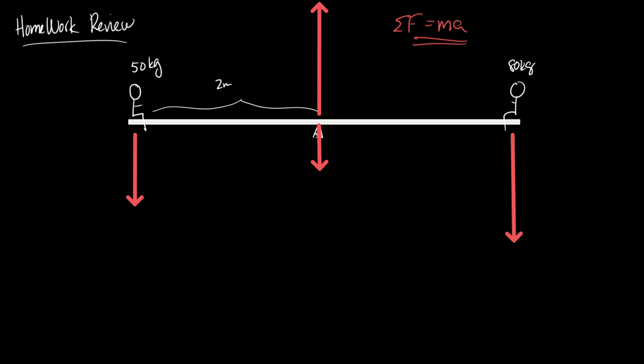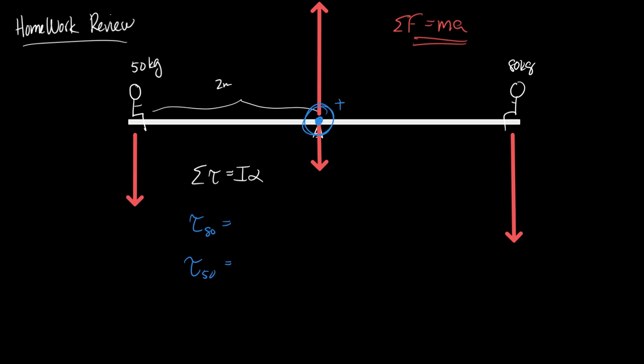Now, the actual torque problem here, since we have a fixed pivot point, net torque equals I alpha. So, what direction do you want to make positive? Into the board or out of the board? Out of the board is positive. All right. So I have the torque from the 80 kilogram boy and the torque from the 50 kilogram boy.